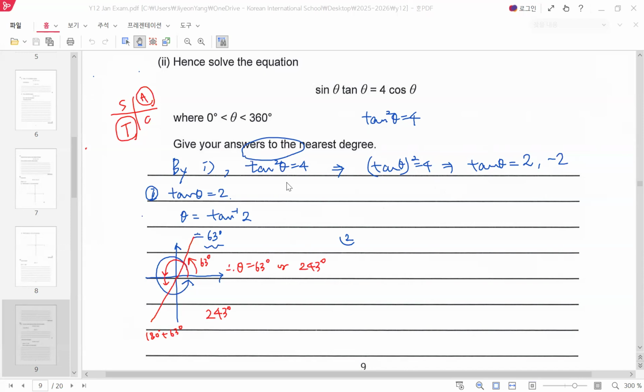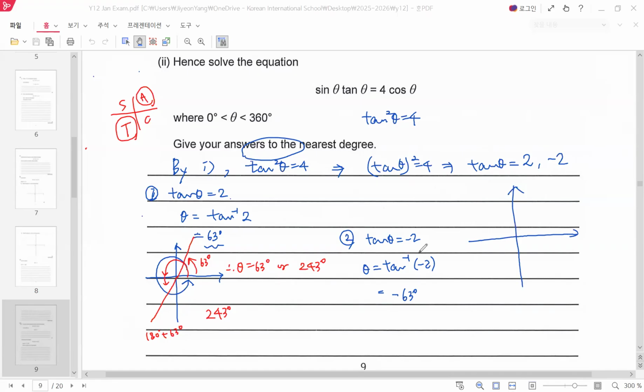Next, secondly, tangent theta equals negative 2. Then by using your calculator, you need to calculate tangent inverse negative 2, okay? Tangent inverse negative 2. And then you can get theta as negative 63 degrees.